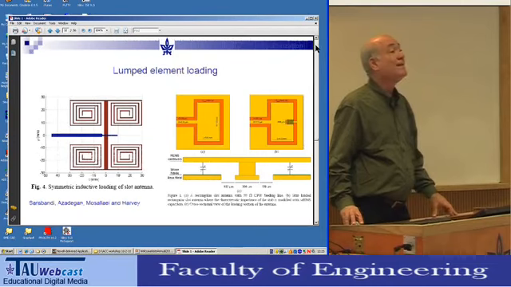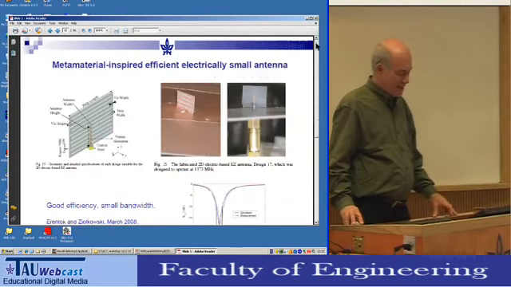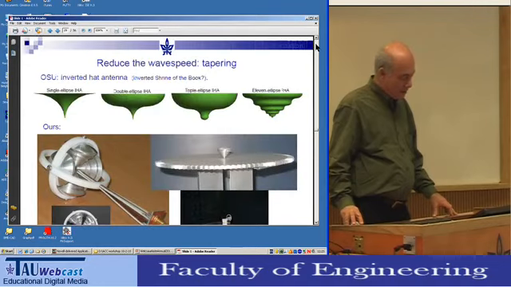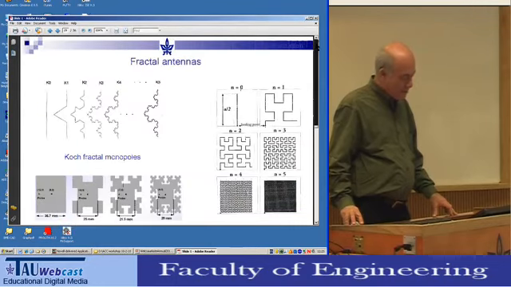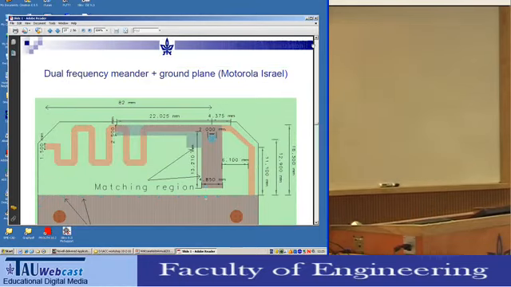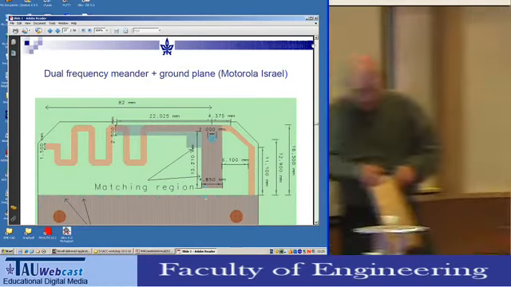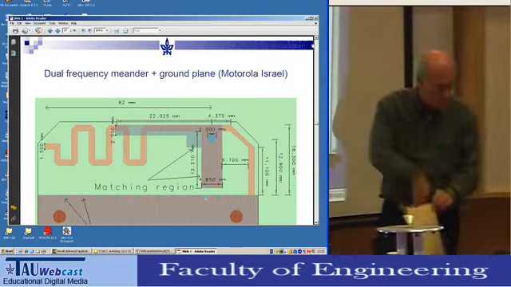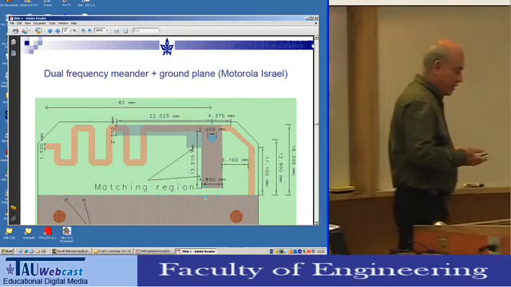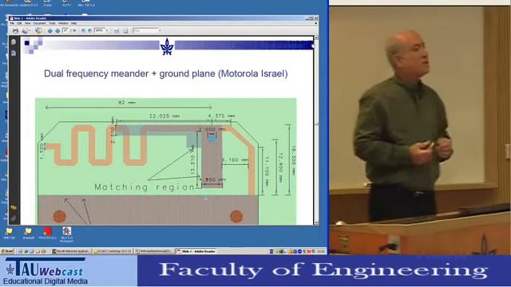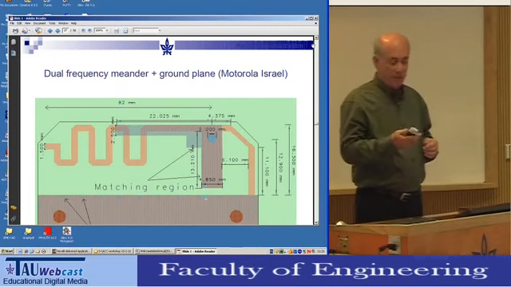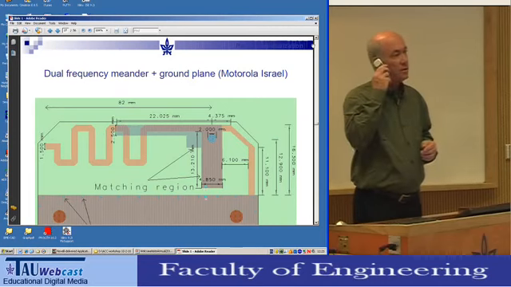What is the effect of the human hand holding the phone? Oh my goodness. The human hand, and especially the human brain, are major factors in reducing the efficiency of the antenna. You are holding the phone like so, right?